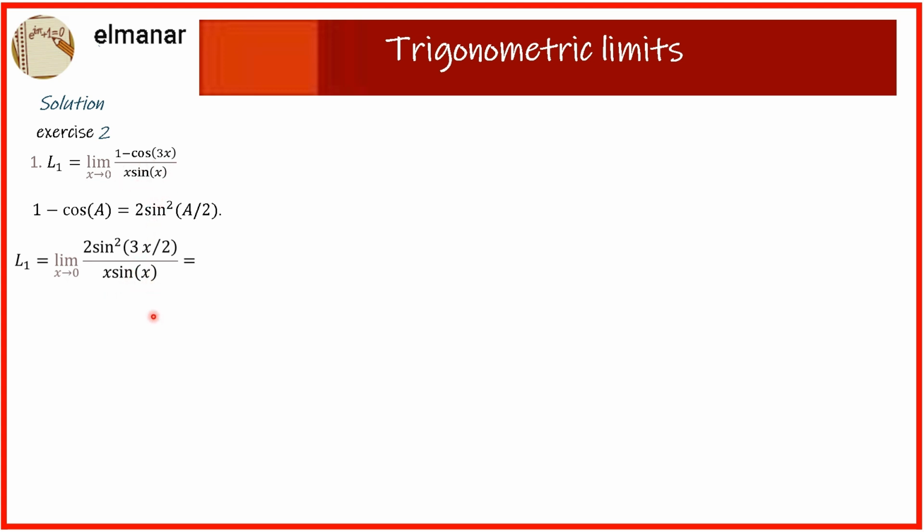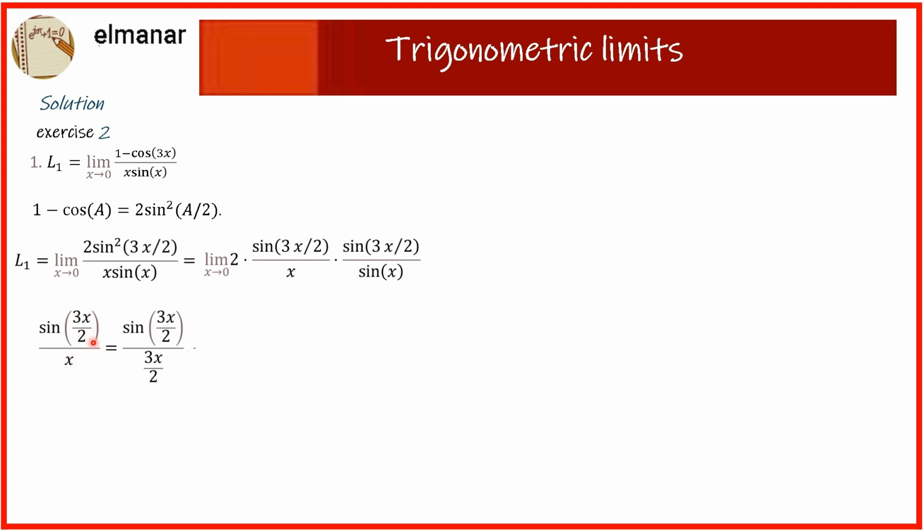We rewrite this fraction in order to use the remarkable limit. We obtain 2 multiplied by sine of 3x over 2 over x, multiplied by sine of 3x over 2 over sine of x. Now, to use the remarkable limits, we introduce the factor 3 over 2 so that sine of 3x over 2 takes the form sine of something over that something.